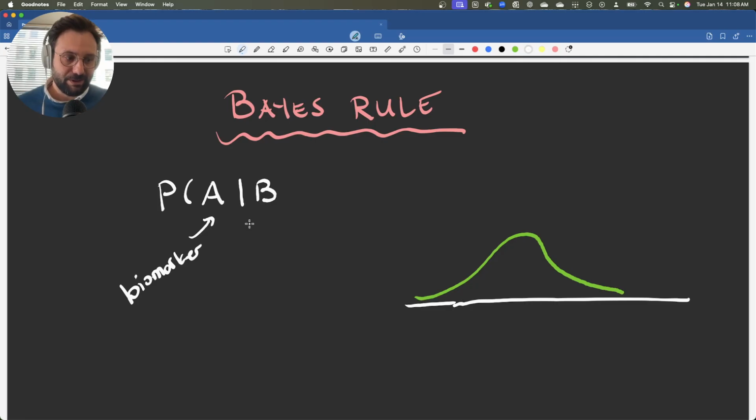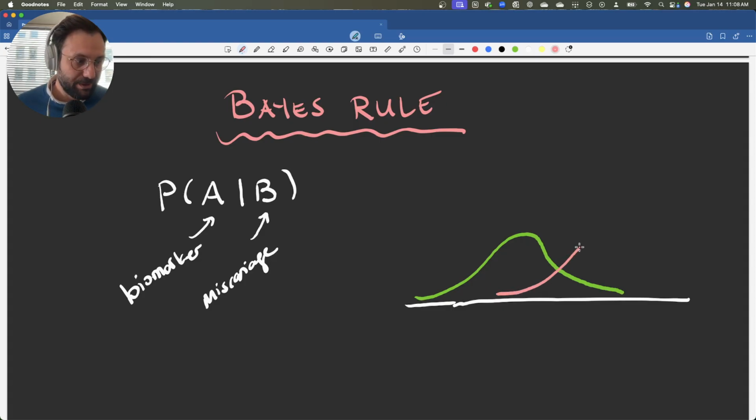We can condition this on B, and we can call this miscarriage, and we can have a probability distribution of probability of A given B. Similarly, we can have another probability distribution that's going to give us the probability of A given not B, healthy birth, and that's the one that we encounter even more.